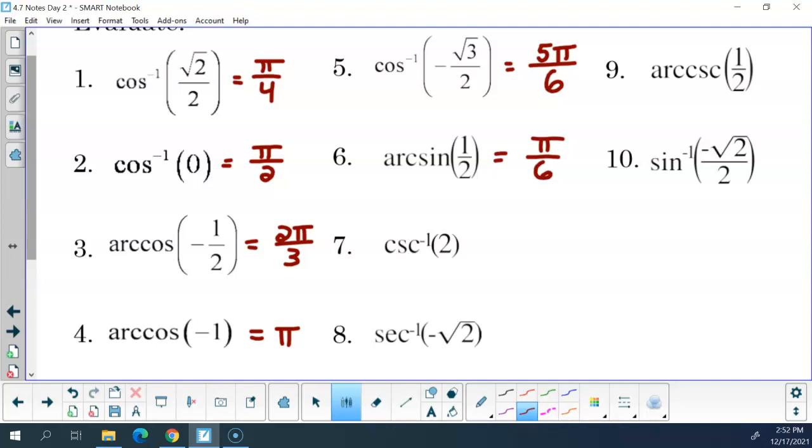Pi over 6. Okay? Pi over 6. Because we think of this as inverse sine of 1/2, because cosecant is the reciprocal of sine.